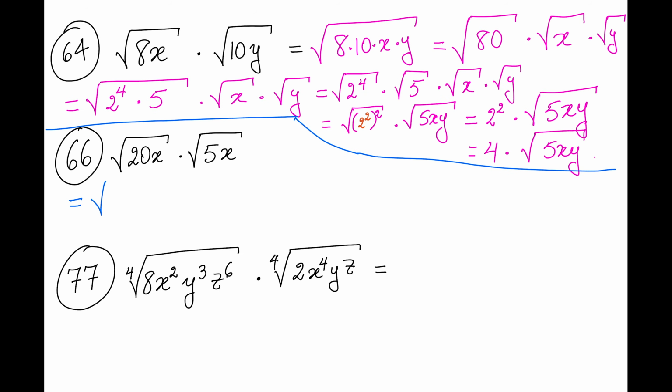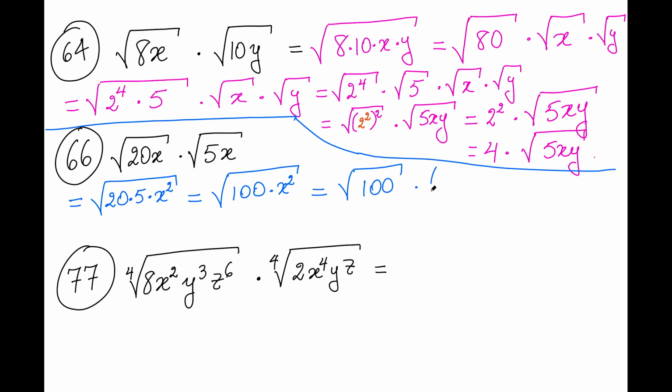So we get the square root of 20 times 5 times x squared. Okay, so this is the square root of 100 times x squared, which is the square root of 100 times the square root of x squared. Correct?